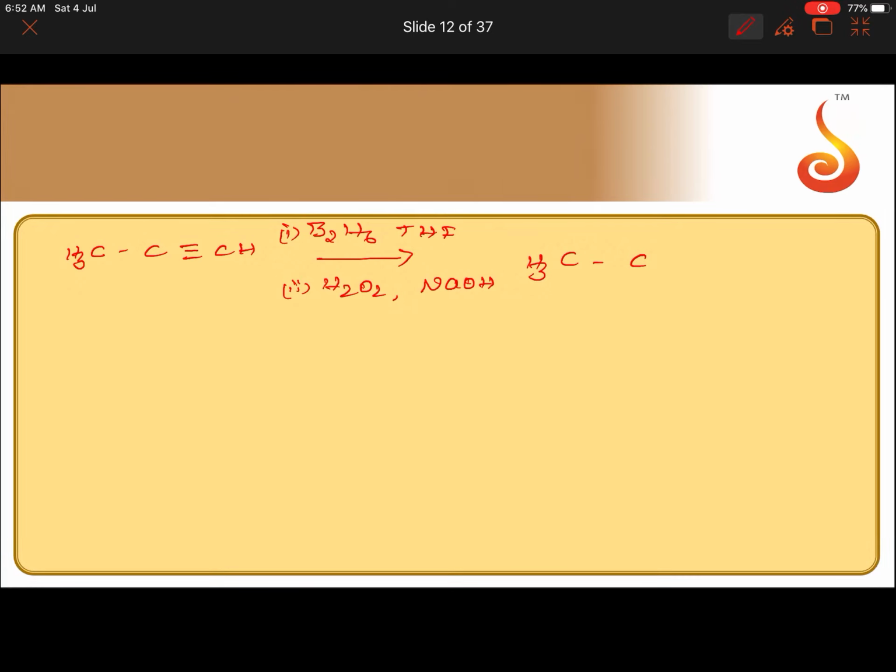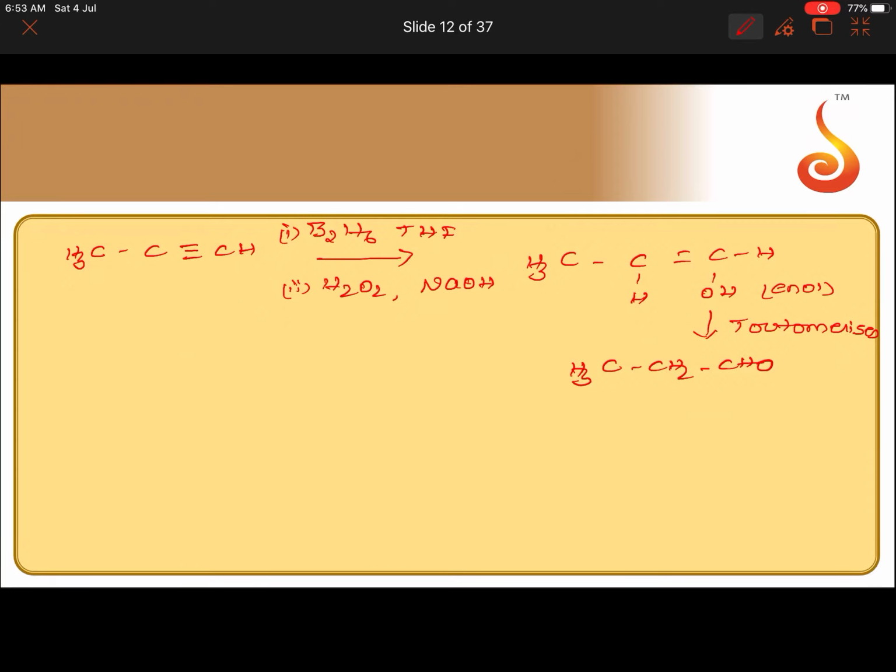The negative part attacks the carbon atom having more hydrogen atoms. So what will I get here? CH3CH=CHOH. This is an enol. The enol tautomerizes to form an aldehyde. We'll get an aldehyde here. So terminal alkynes on hydroboration oxidation will give aldehydes.